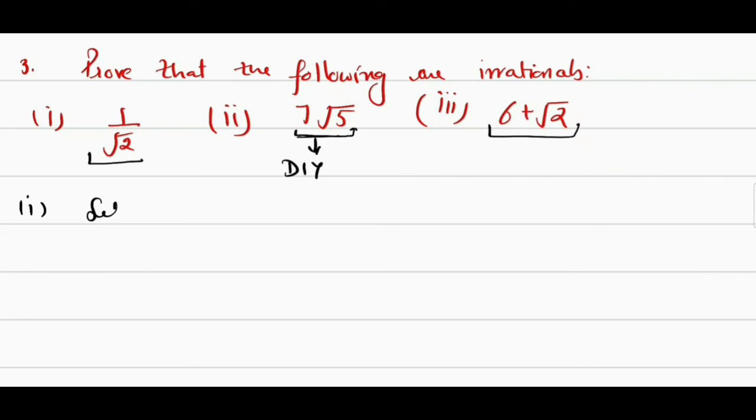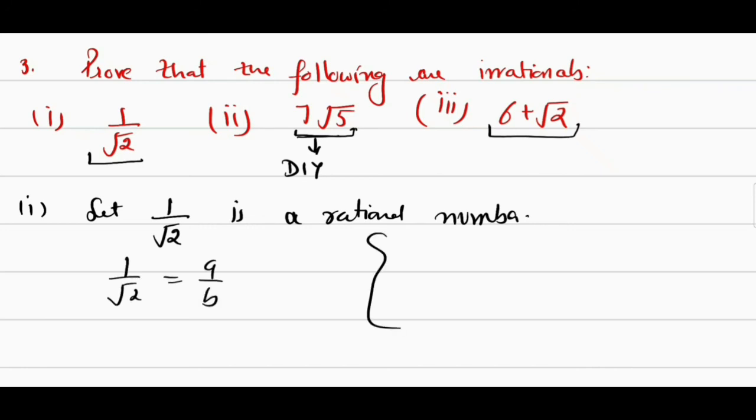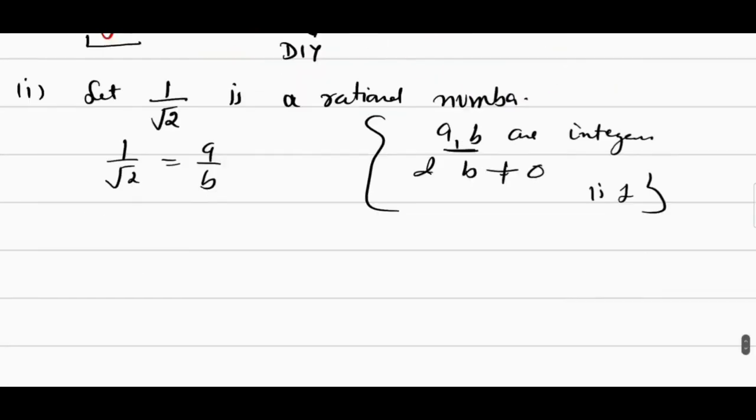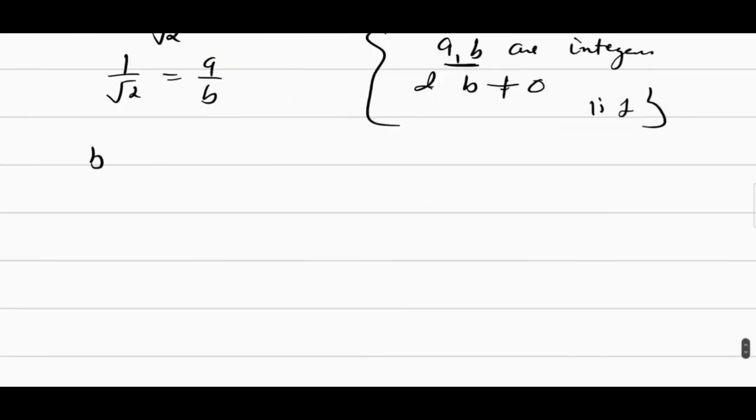So the first question here is 1 divided by square root of 2. Same, we'll assume that 1 divided by square root of 2 is a rational number. So we can write this number in a upon b form, where a and b are integers and b is not equal to 0, and the common factor between a and b is 1. So here I can cross multiply and I'll get b equals a square root of 2.